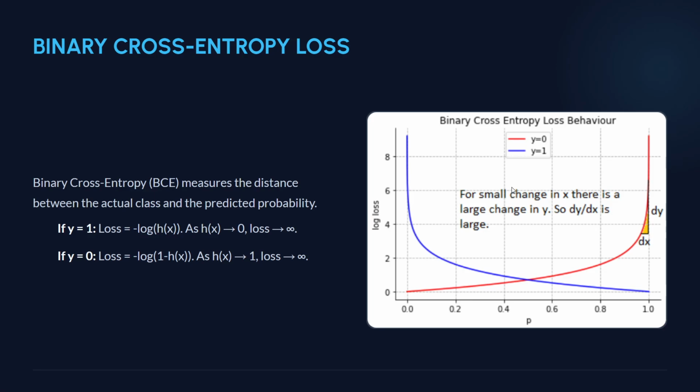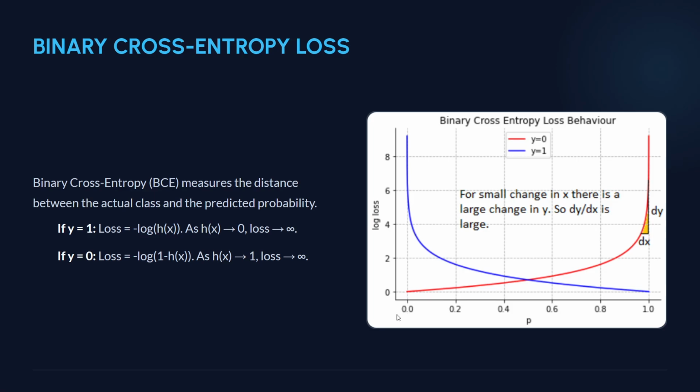As you can see here, it is 0.5. Below 0.5, if any value is there, we say that the value is 0, because you can see that the log loss for 0 is less than the log loss for 1.